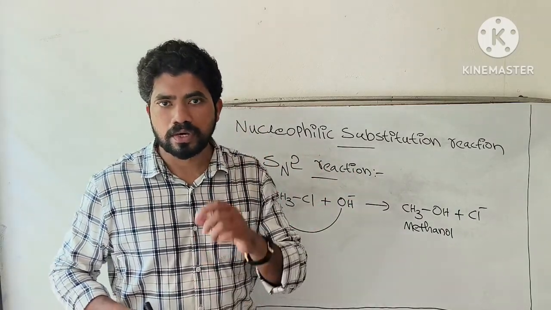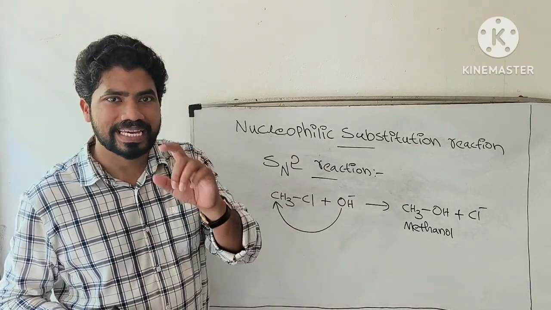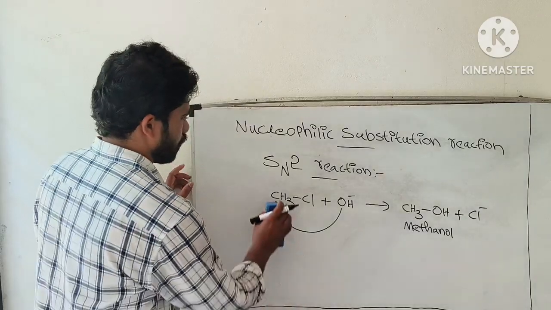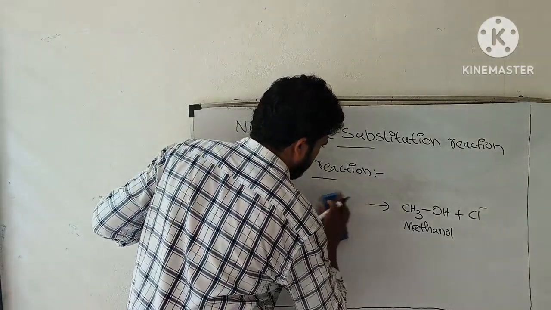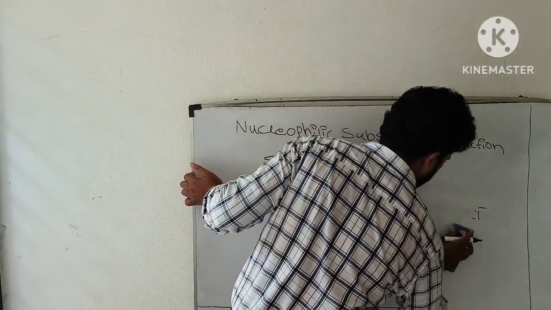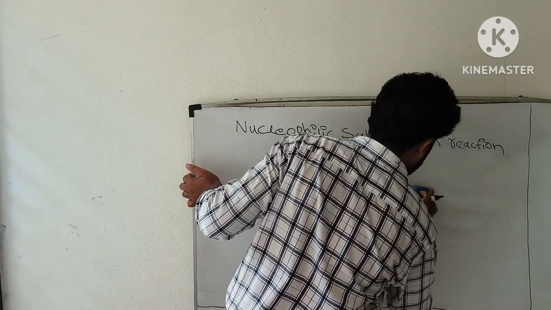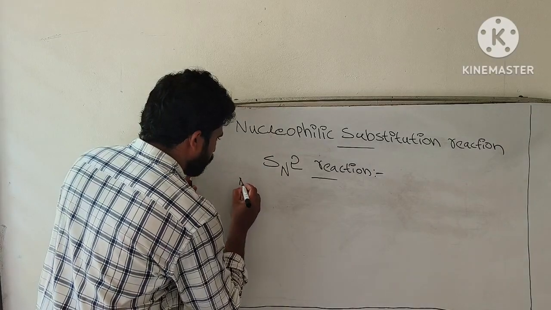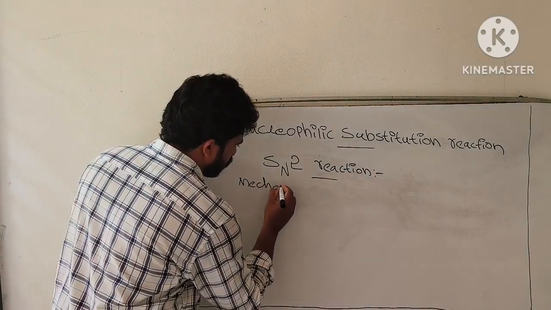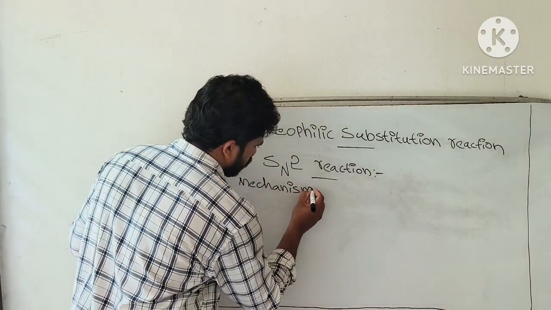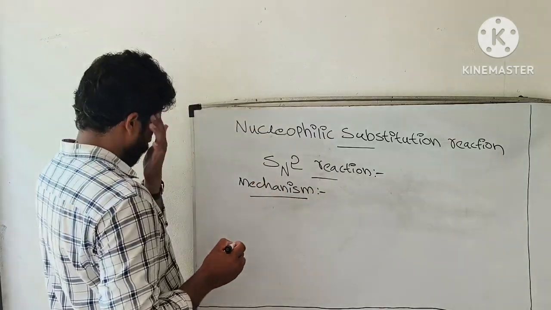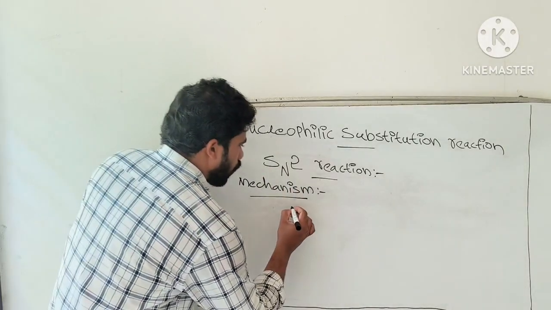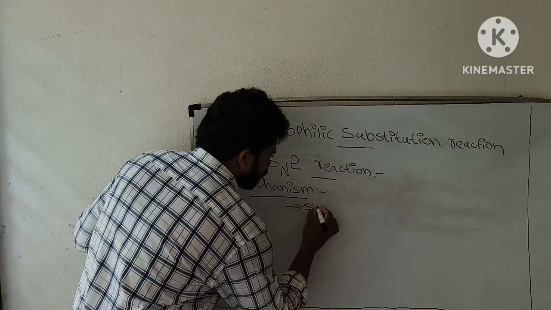And my dear students, now I'm going to teach you the mechanism behind the SN2 reaction. In the mechanism of the SN2 reaction, it involves only one step, a single step.